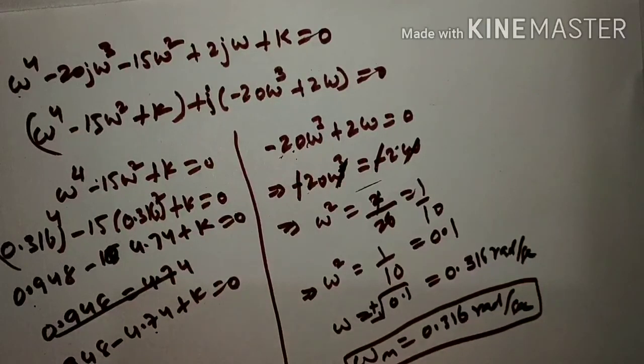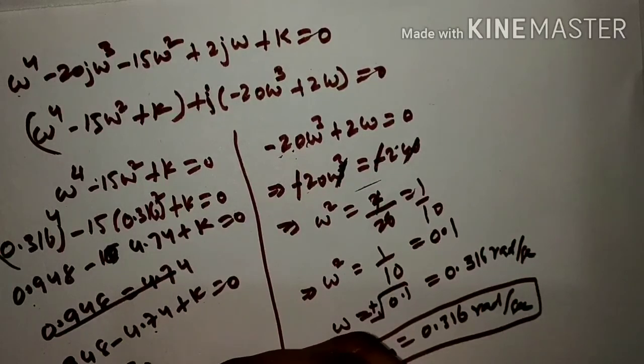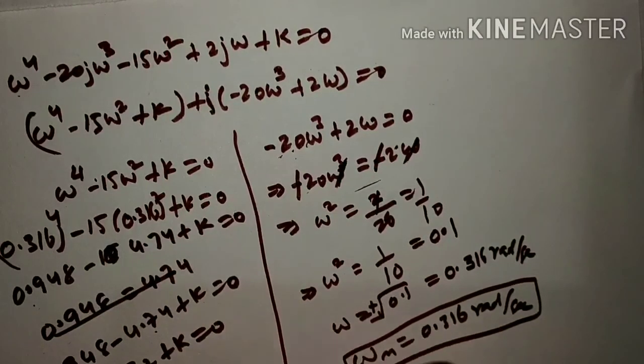When we subtract, we get minus 3.792 plus K equal to 0.